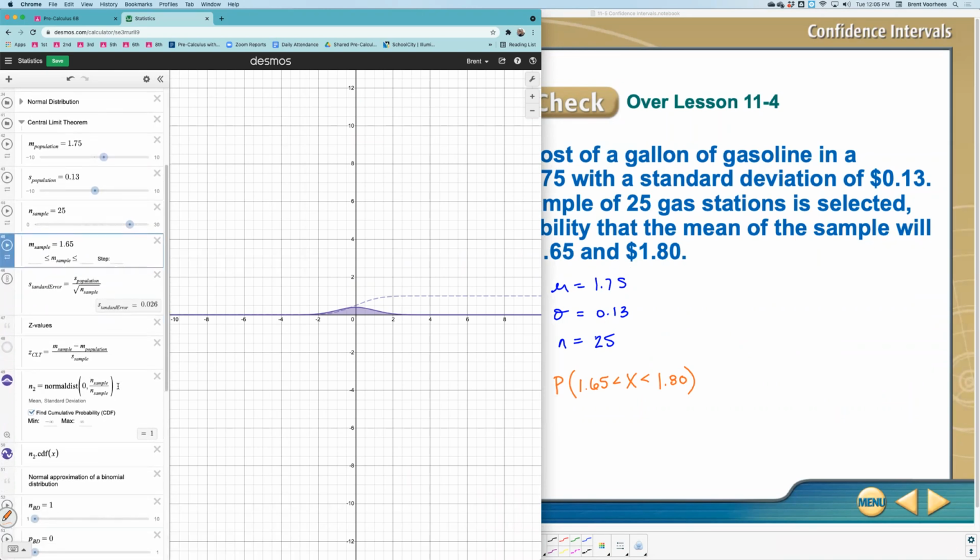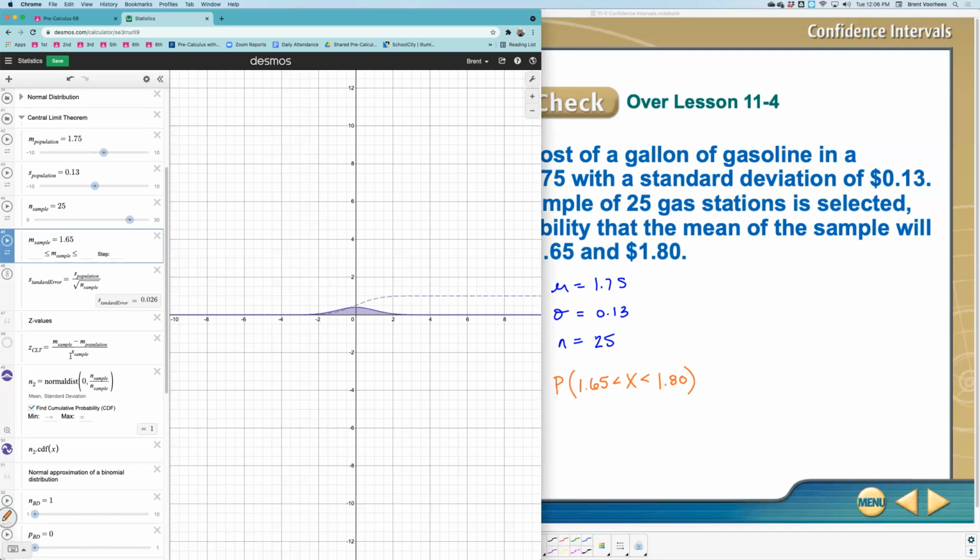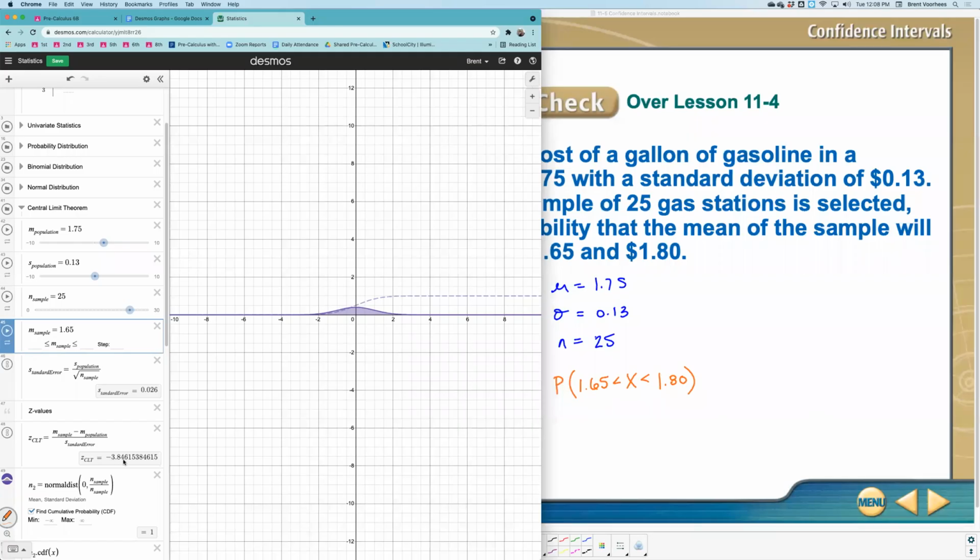And what's more important oftentimes would be the Z value. Here the Z value is now appearing as negative 3.846.